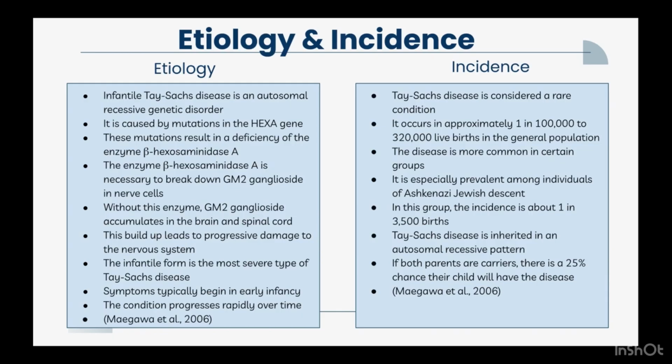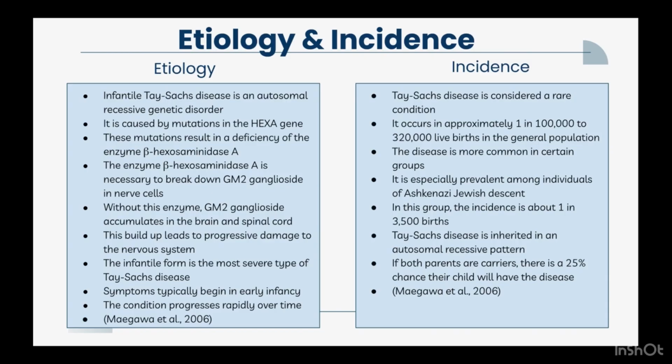When the enzyme is deficient or absent because of gene mutation, the GM2 cannot be properly broken down, and as a result, it accumulates in the brain and in the spinal cord, and over time that buildup becomes toxic and can lead to progressive damage of the nervous system.